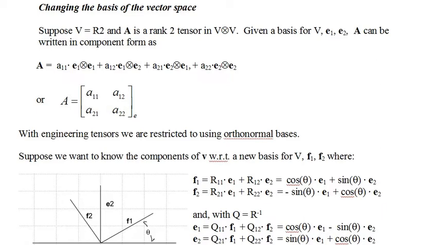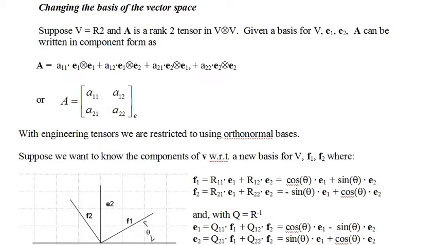We can write F1 and F2 in E component form as shown. So F1 equals R11 times E1 plus R12 times E2, with R11 equal to cosine theta and R12 equal to sine theta. And F2 equals R21 times E1 plus R22 times E2, with R21 equal to minus sine theta and R22 equal to cosine theta.